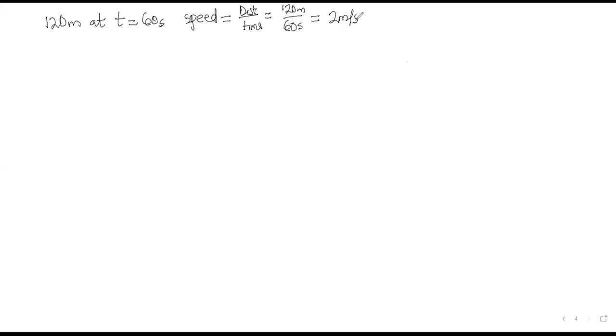And when Jill was returning, once she stayed there, she wasn't in motion. So there will be zero speed. But when she was returning, the slope, which is the speed, would be equal to the same distance, 120 meters, divided by the time taken in making the return, 40 seconds.